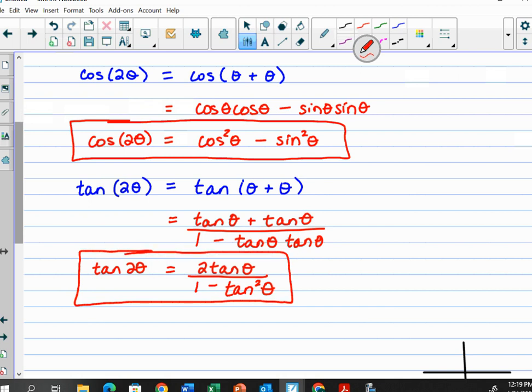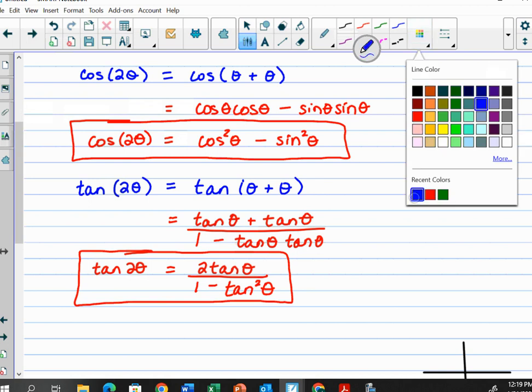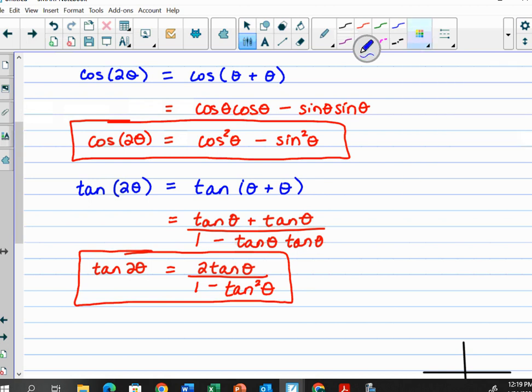Okay, you've got your 3 formulas from today that you have to learn. Not that bad, right? Any questions on the formulas before we start using them?